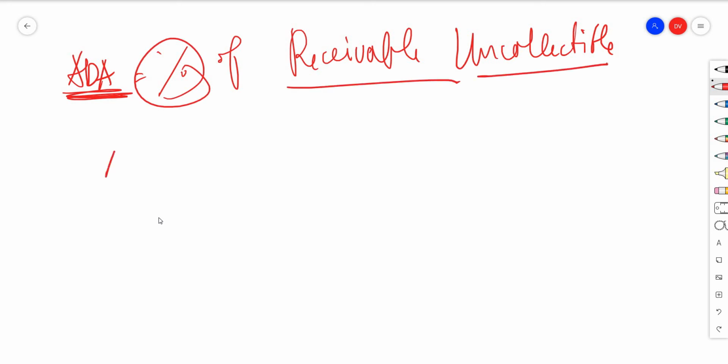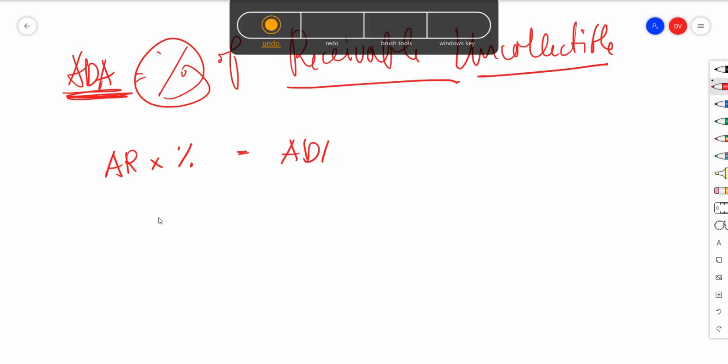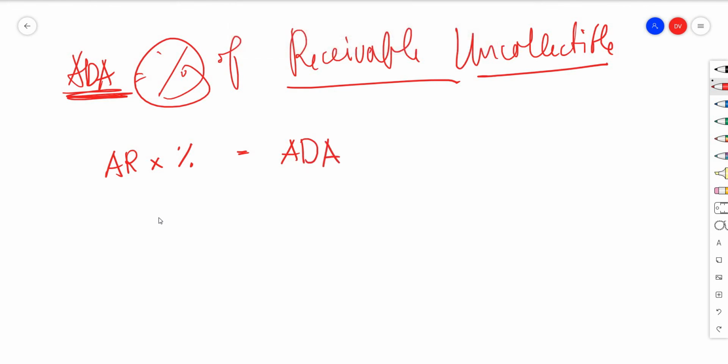Therefore, ibig sabihin, pag yung AR ko, minultiply ko dun sa percentage, yun daw yung allowance for doubtful accounts. Kasi susundan lang natin yung definition na yung allowance for doubtful accounts daw, ito yung percentage ng accounts receivable na hindi na makokolekta. Okay?